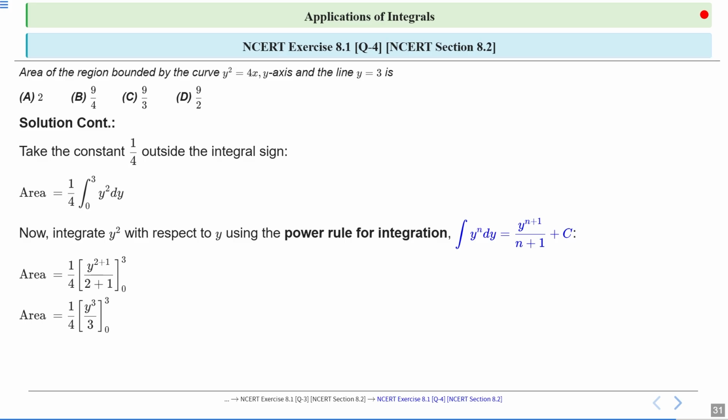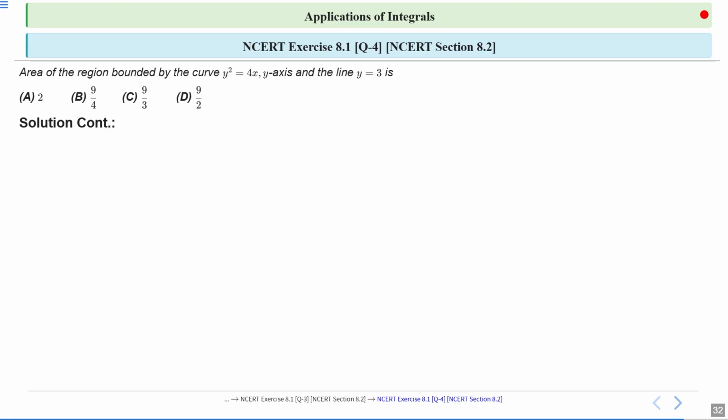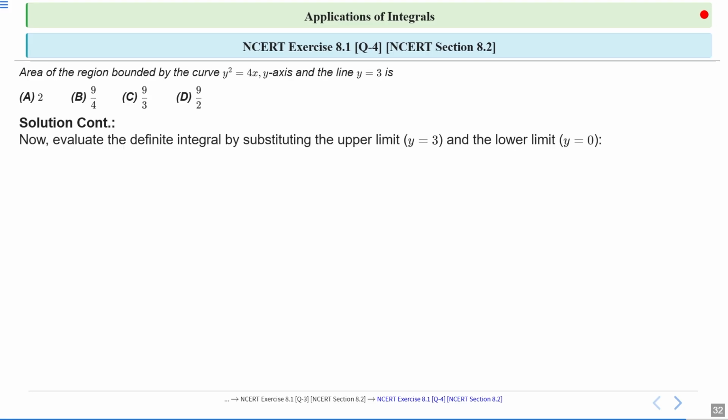Now apply the second fundamental theorem of integral calculus. Substitute the upper limit and lower limit in the value of the antiderivative. You get 1 by 4 times 3 cube by 3 minus 0 by 3. That is 1 by 4 times 27 by 3. When we simplify, 27 by 3 is 9. So 9 by 4.